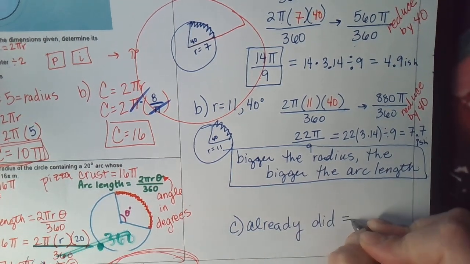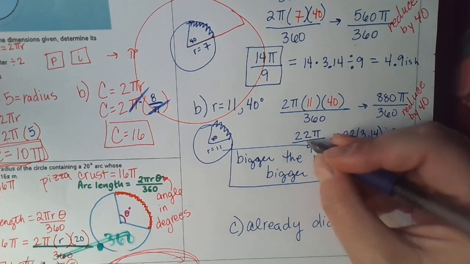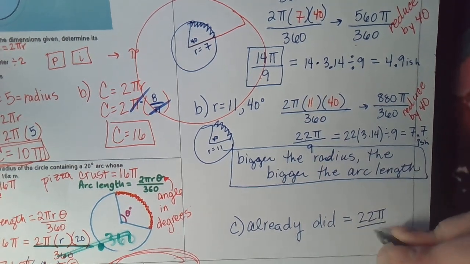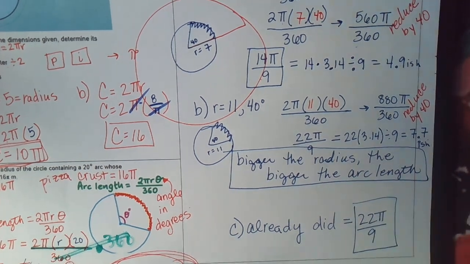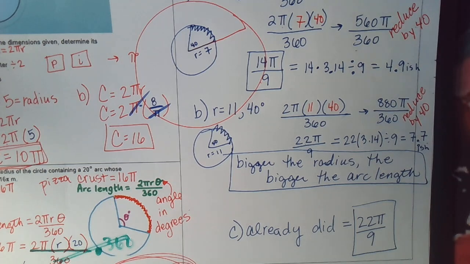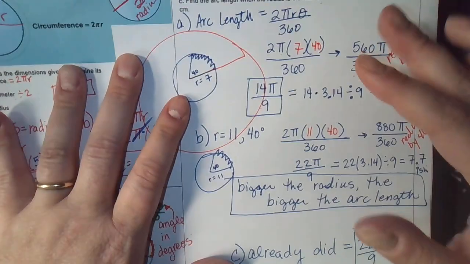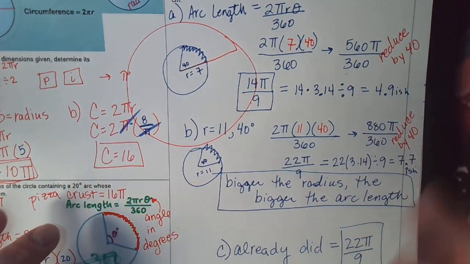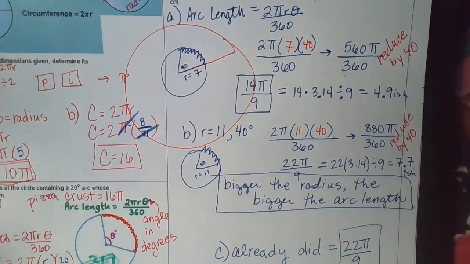So the arc length for part C is what we already did in part B, 22 pi over 9. So the whole point of that question was to show you that the bigger radius you get, the bigger answer you're supposed to get. So on your homework, your part B should be bigger than your part A if the radius is bigger. Okay, woohoo!